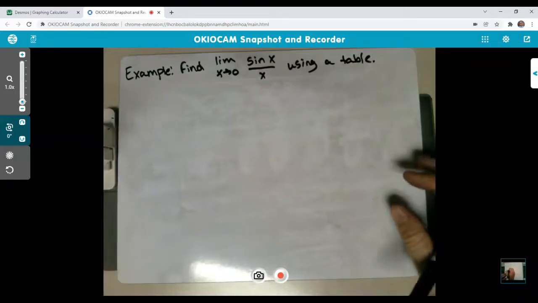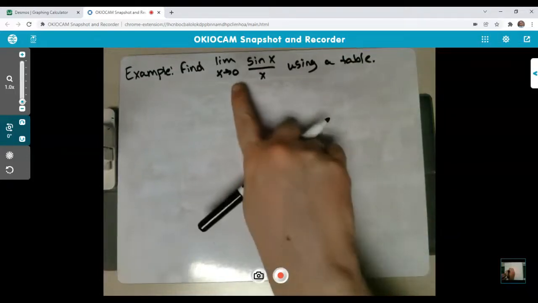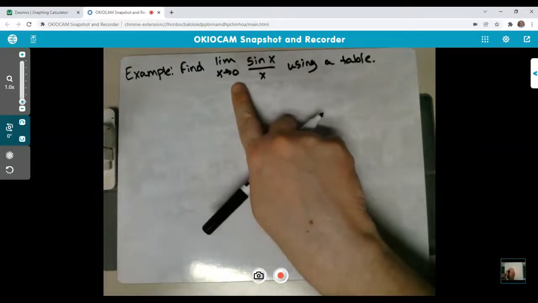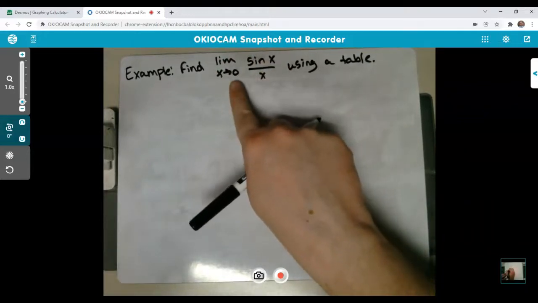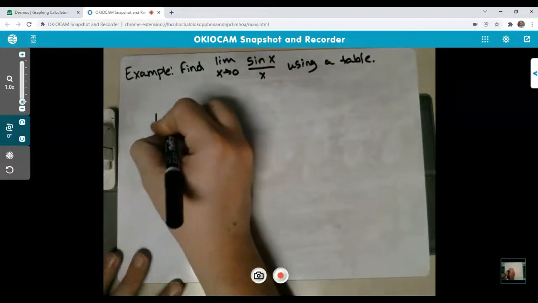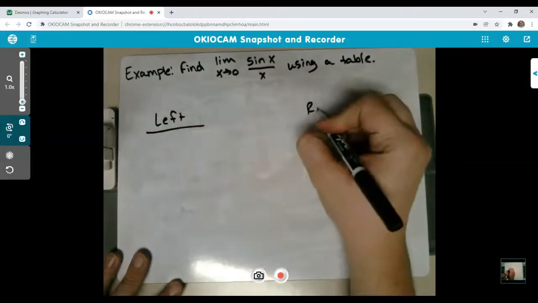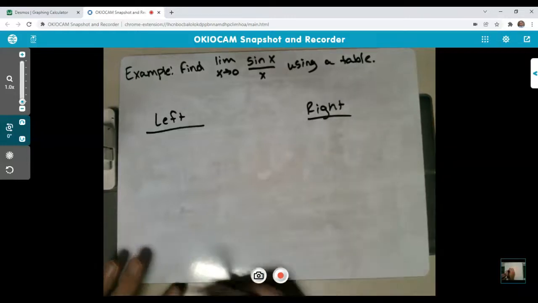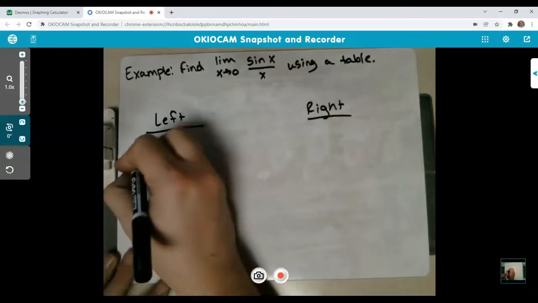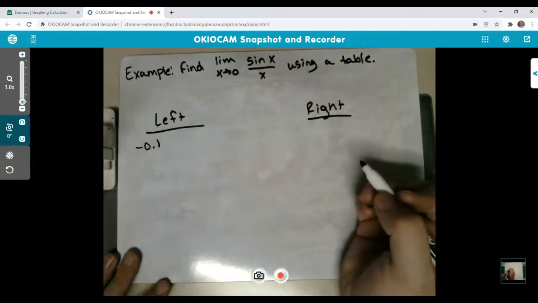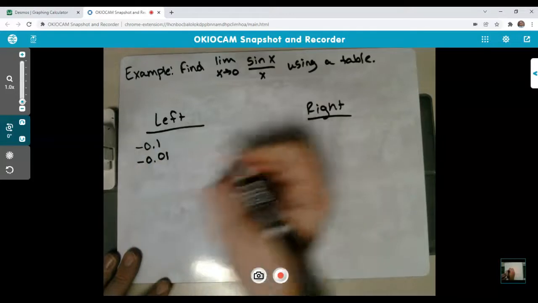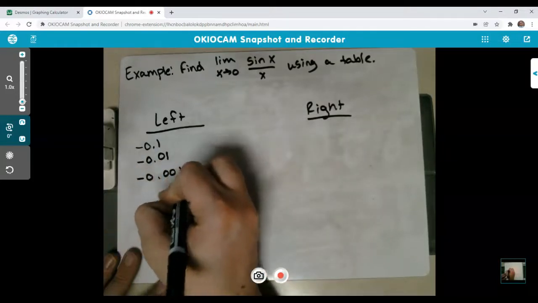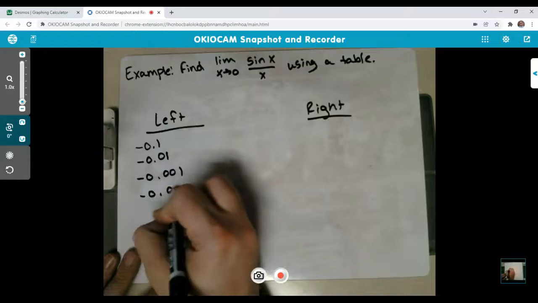So I want to know what happens as x gets really close to 0. So how I'm going to do that is I am going to plug in values for x that are really close to that. So I need to do that on the left side, and I need to do that on the right side. So on the left side, I can use like negative 0.1, and then I can use like negative 0.01, and then negative 0.001, and just keep using that.